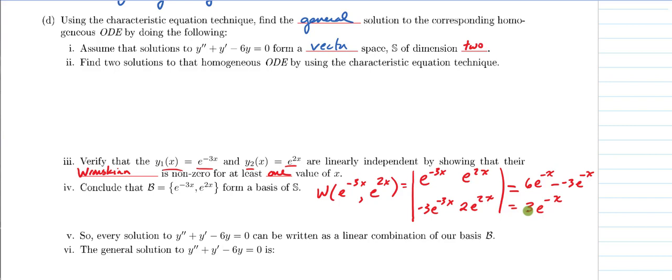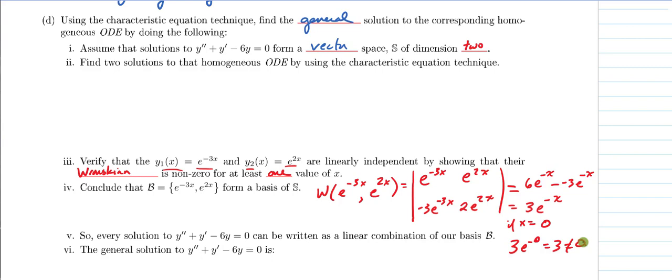But remember, if we know they already solve a differential equation, it's enough to just find one x value so that the Wronskian is not zero. So notice that if x equals 0, 3e to the minus 0 is equal to 3, which does not equal 0. And so we have shown that these two solutions are linearly independent.